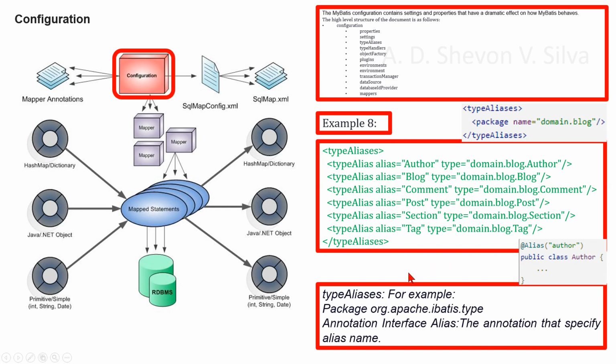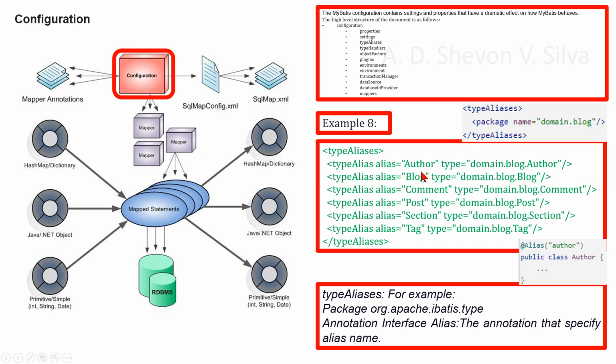A type alias is simply a shorter name for a Java type. It's only relevant to the XML configuration and simply exists to reduce redundant typing of fully qualified class names.